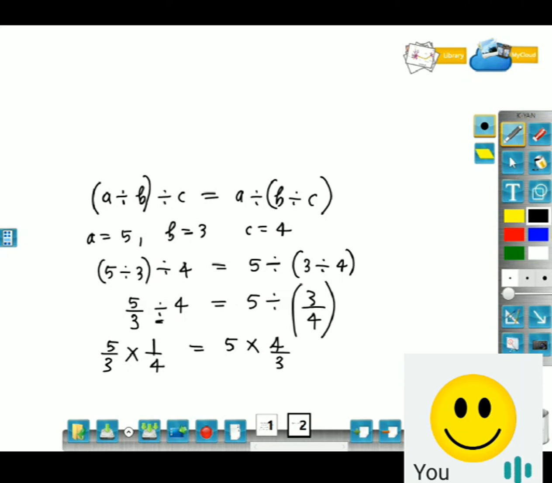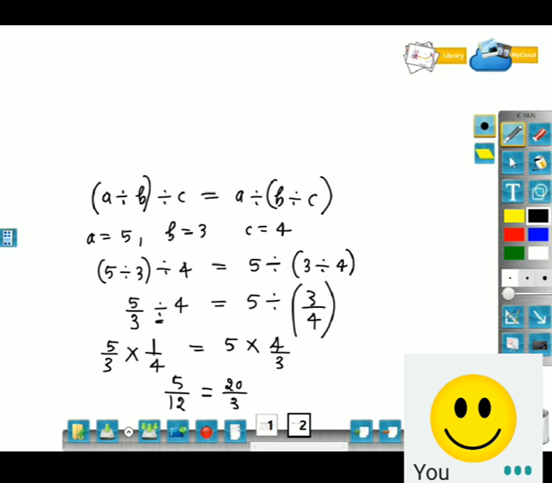So 5 into 1 you will get 5 and 3 into 4 you will get 12. And 5 into 4 you will get 20, divided by 3. Okay, it is not 3 divided by 20, it will be 20 divided by 3. Remember, you have to take the reciprocal of the second term, not of the first term.